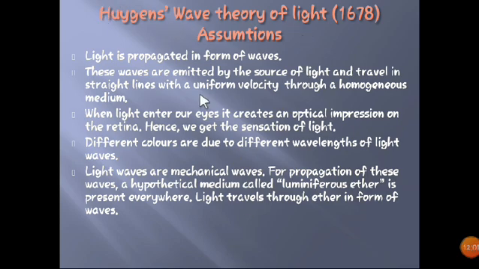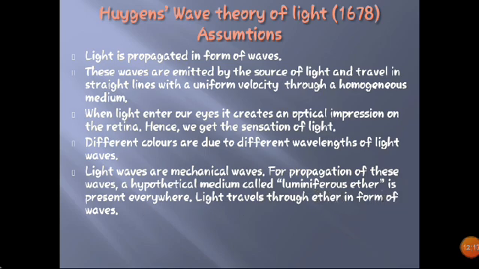And the last point which he discovered, and it comes under demerit, is that light waves are mechanical waves. For propagation of these waves, a hypothetical medium called luminiferous ether is present everywhere.